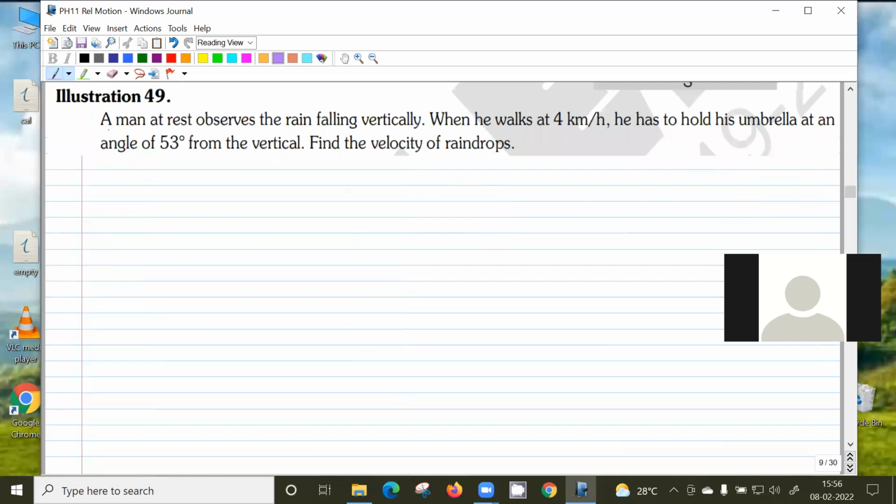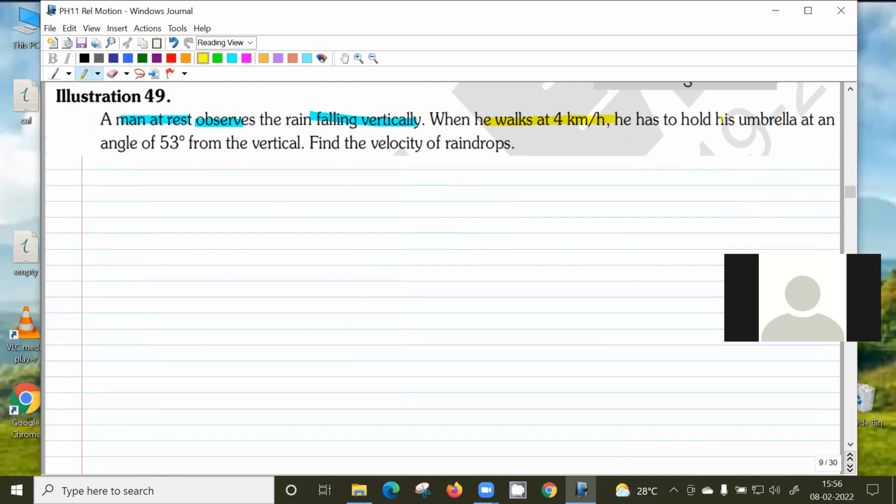Okay, this question, try this one. Man at rest observes rain falling vertically. He walks at 4 kilometers per hour. Now he started walking at a speed.